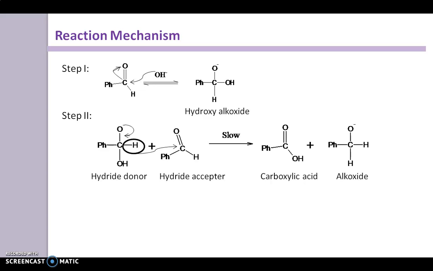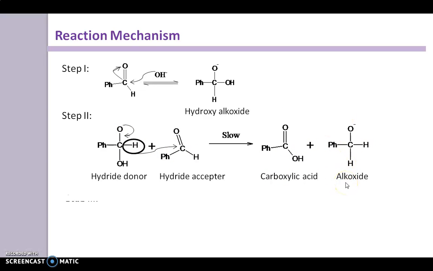As it transfers the hydride ion to this second molecule of benzaldehyde, the lone pair of oxygen forms a bond here, and there is a formation of the carboxylic acid and the alkoxide.